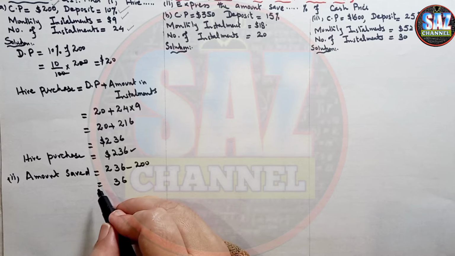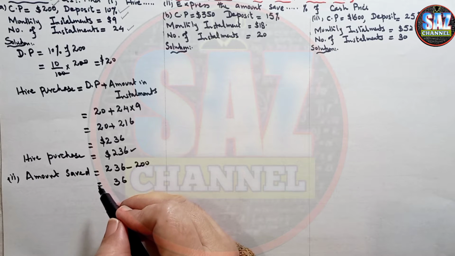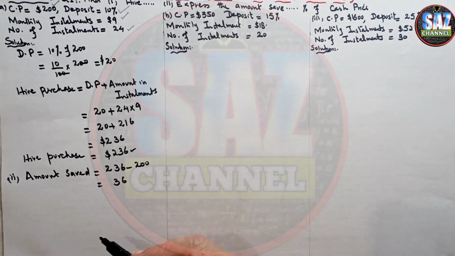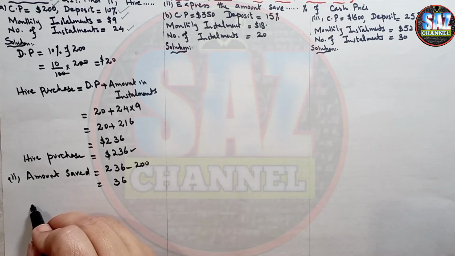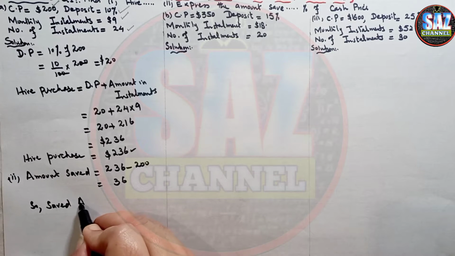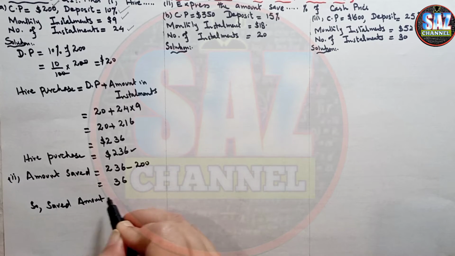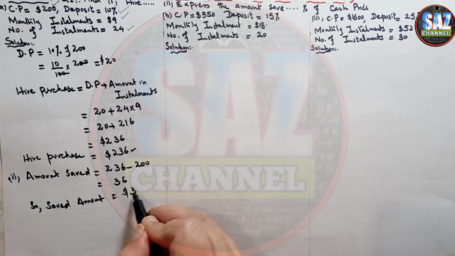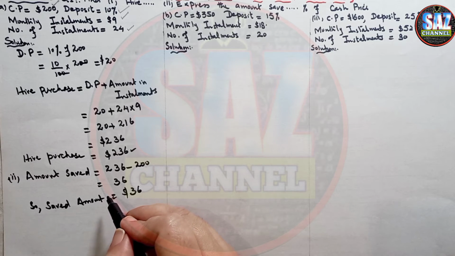It means we can save $36 if we purchase this VCD player at the actual price. So the saved amount is $36. Then we have to express it as a percentage.